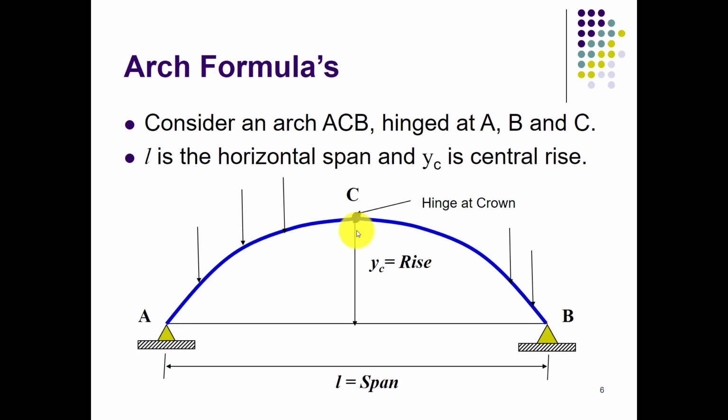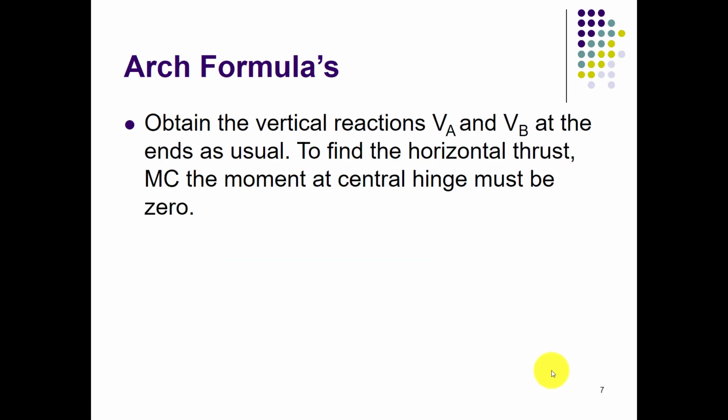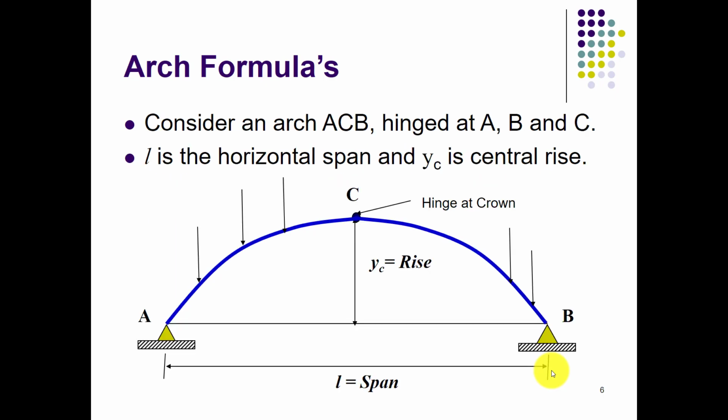Consider we have an ABC arch, in which A and B are the hinge supports and C is the internal hinge introduced at the crown of the arch. YC is the total rise, or total height, and L is the span of this three-hinge arch. So first we have to calculate the reactions, then we will calculate the horizontal thrust in the arch.